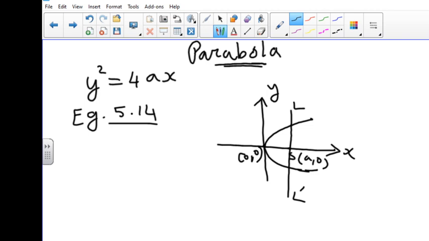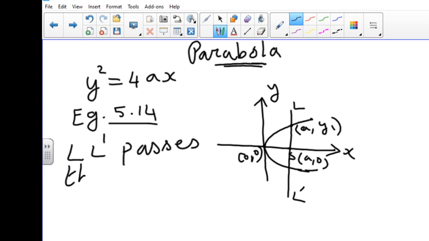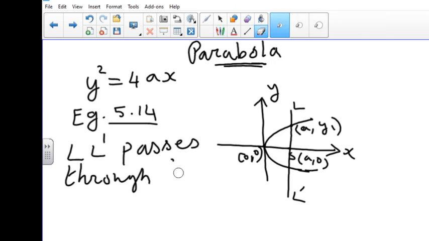So if you take this point, take it as (a, y1). So (a, y1) is a point on the parabola y square is equal to 4ax. L dash passes through the focus.